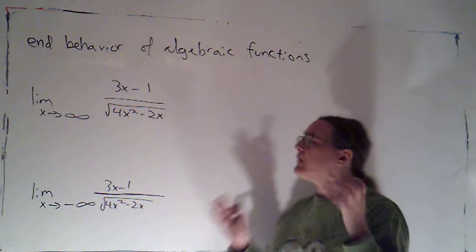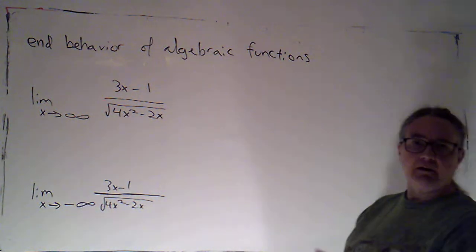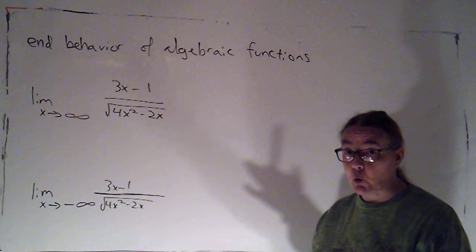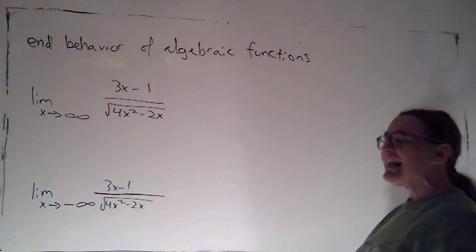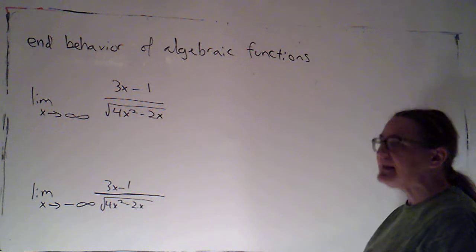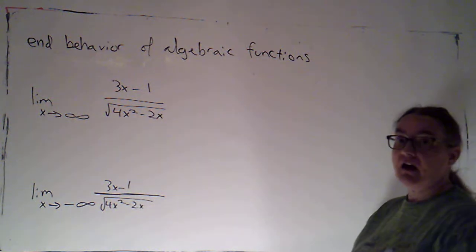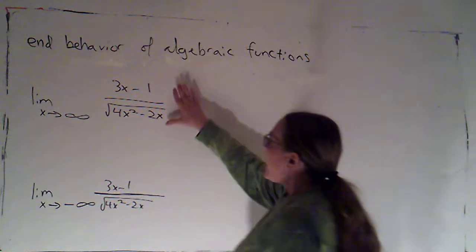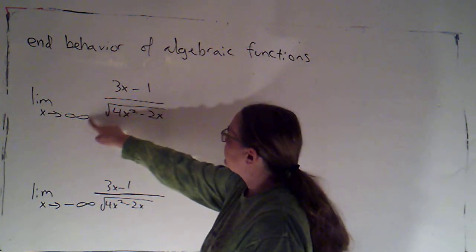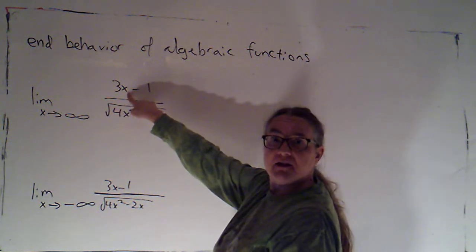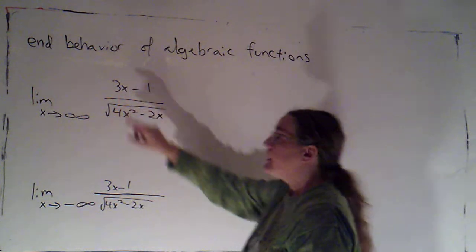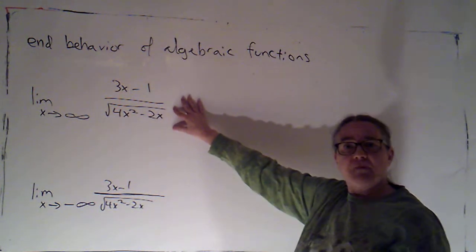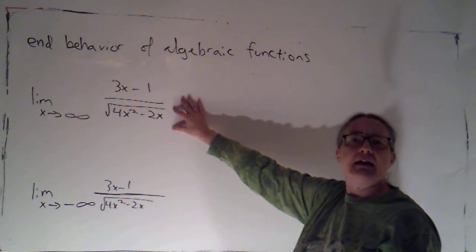Now, if I know that I have a horizontal asymptote on both sides, I can see that they can't be the same if they are not at 0. Because if I look at this, I can see that as x is going off to infinity, the top of this fraction is going to be positive. Now, I know the bottom is positive because square roots are never negative.